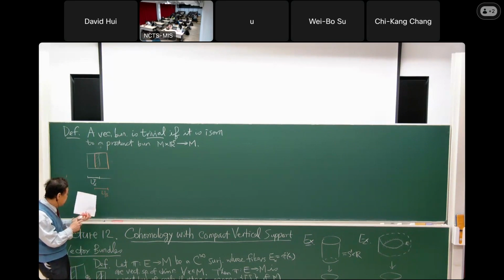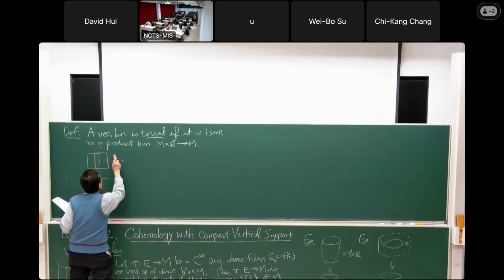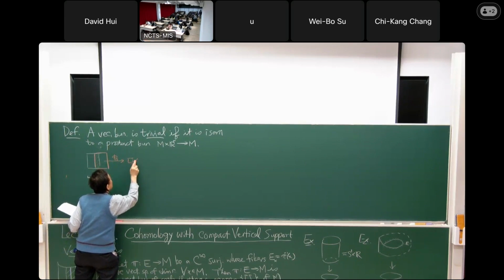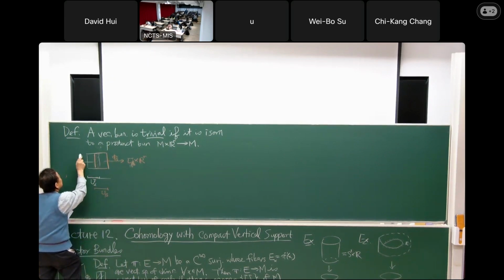So then you have transition functions, right? So here you have a diffeomorphism to U beta cross R to the r, and over here you have a diffeomorphism to U alpha cross R to the r.